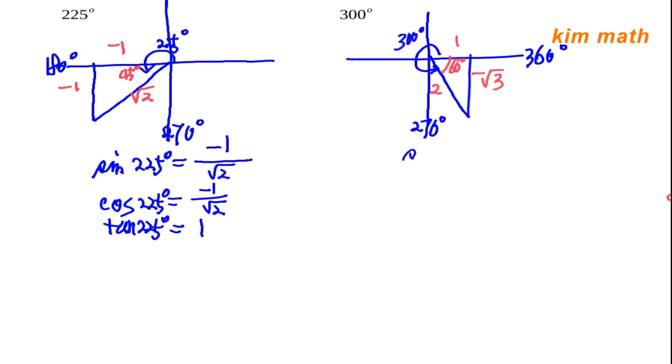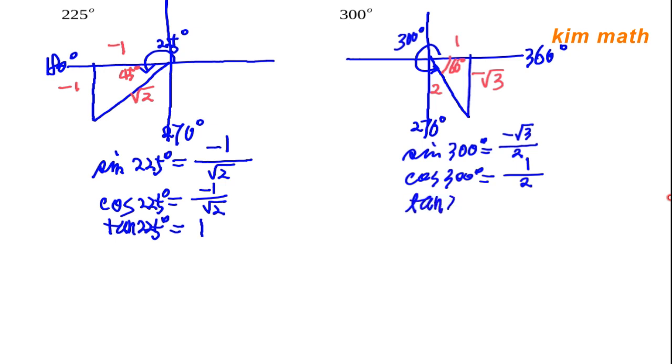So, sine 300 will be y over r. Cosine 300 x over r.